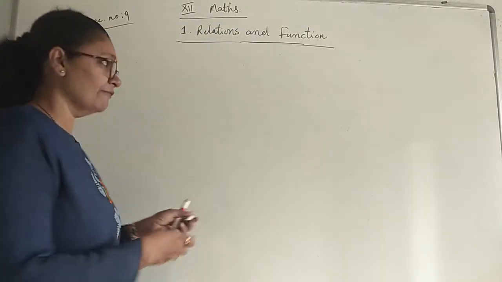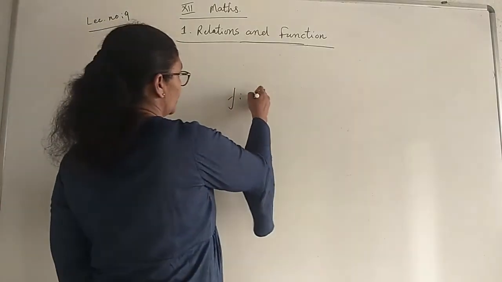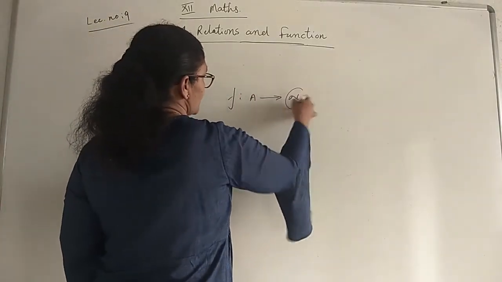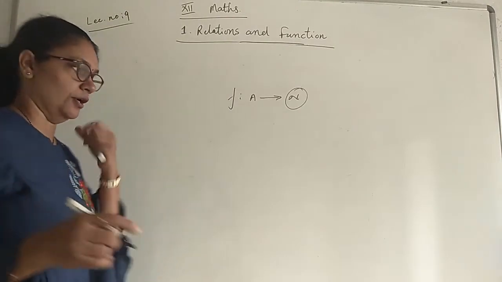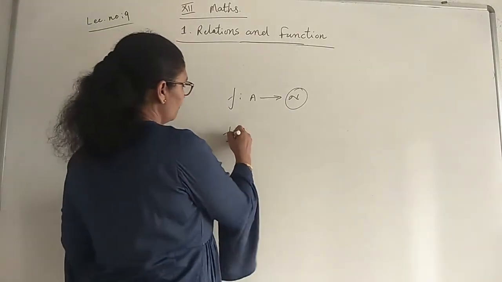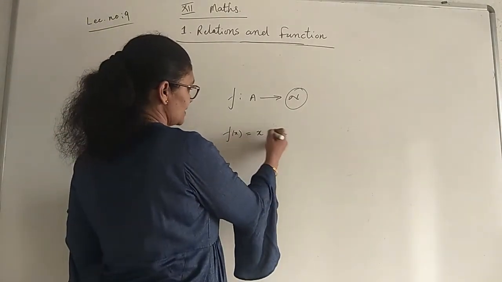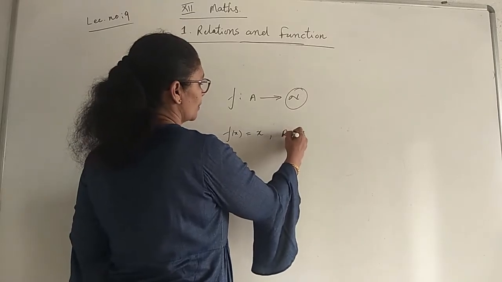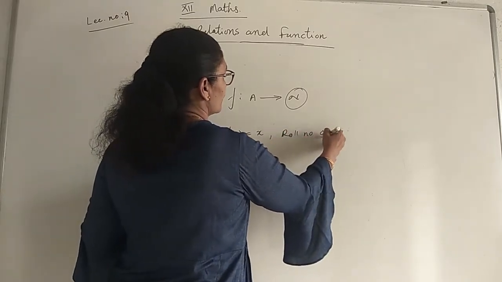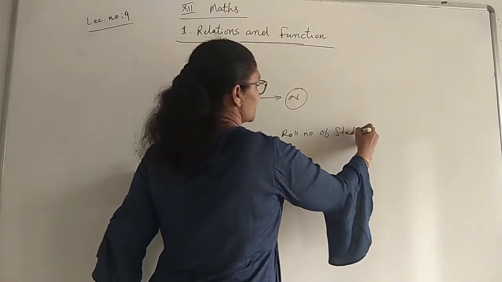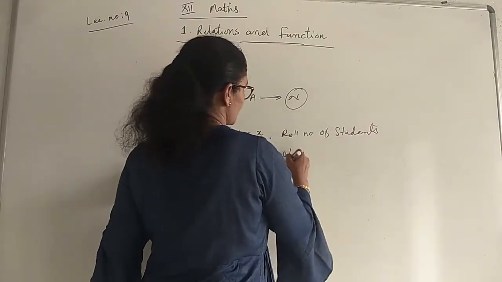Okay, now you check, the function is given from A to N. N means the codomain is the set of natural numbers. Now what is your function? x is the roll number of students of class 10.